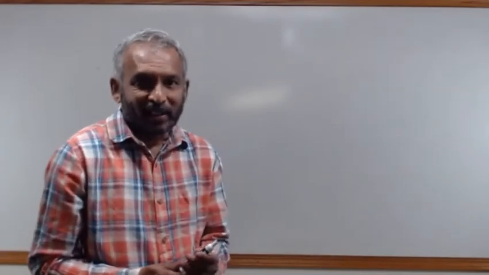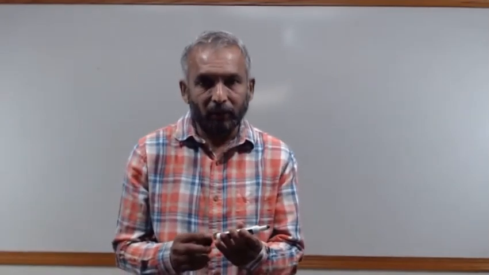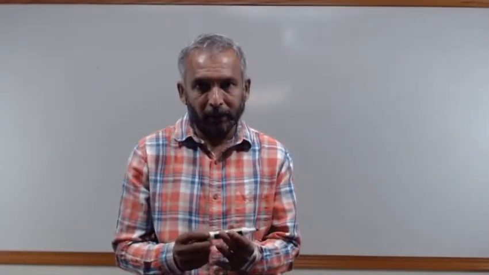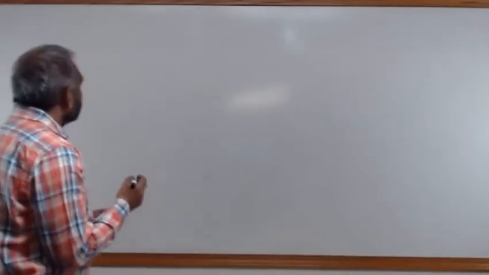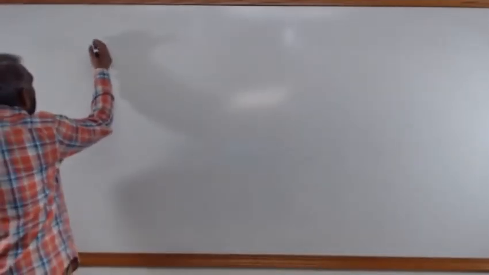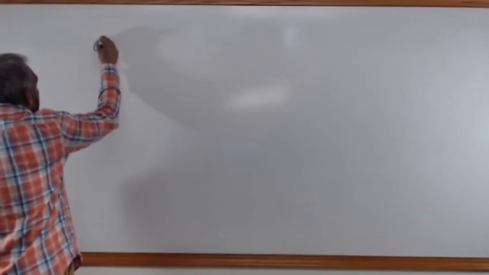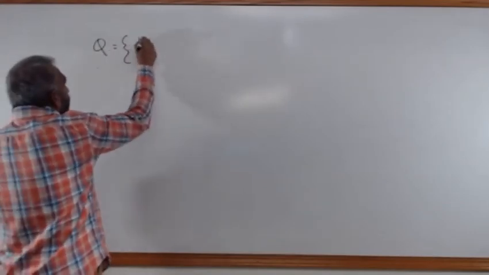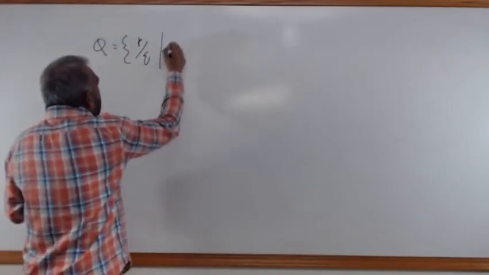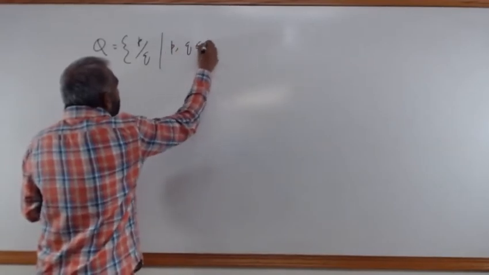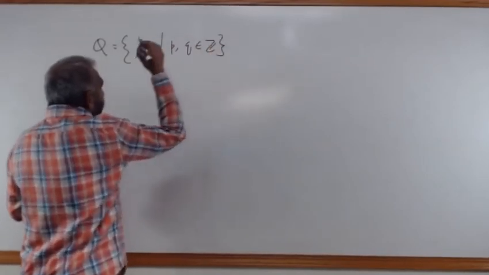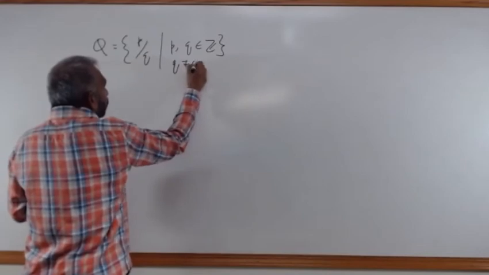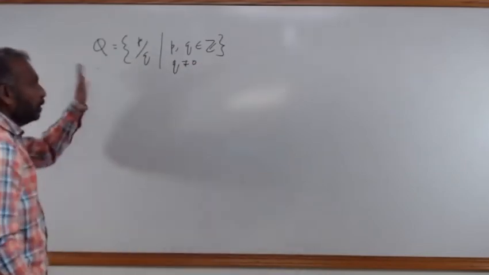Now we are going to construct the first extension of the field of rational numbers. So we already know that we can build all the rational numbers. This we all know.